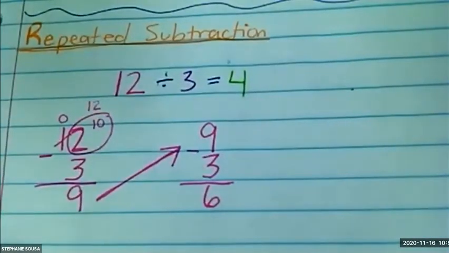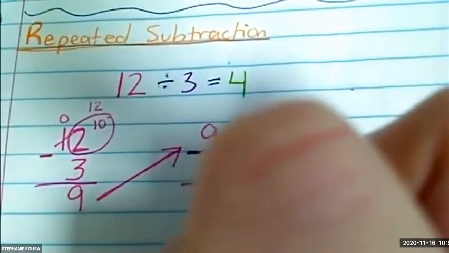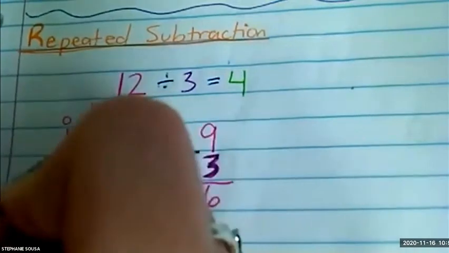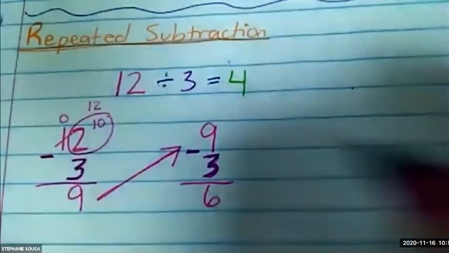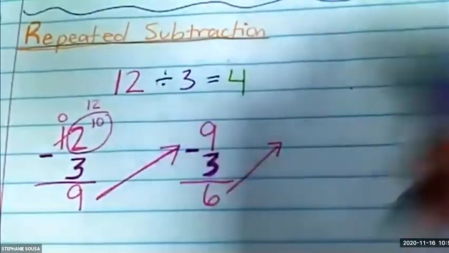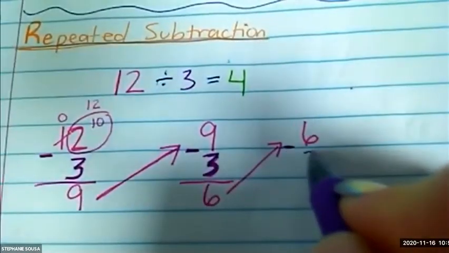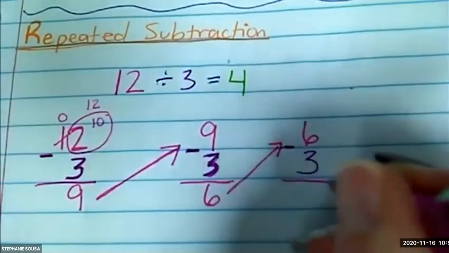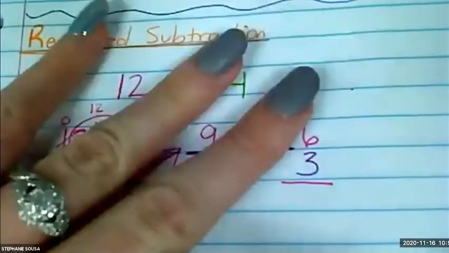I'm going to keep subtracting until I get down to 0. So I have 6 and I'm not at 0 yet, so I'm going to subtract again. So I'm going to bring my 6 up here this time. So now we have 6 minus 3. I have 6 fingers and I put 3 down. I have 3 left.